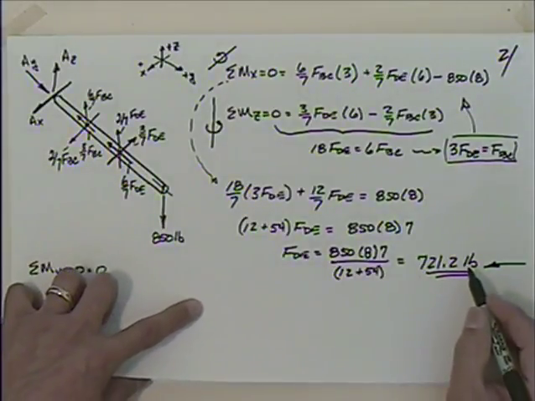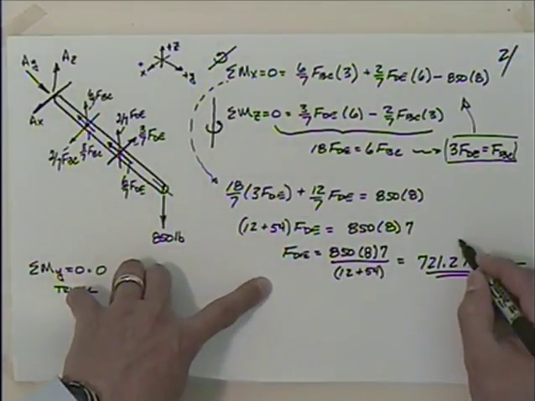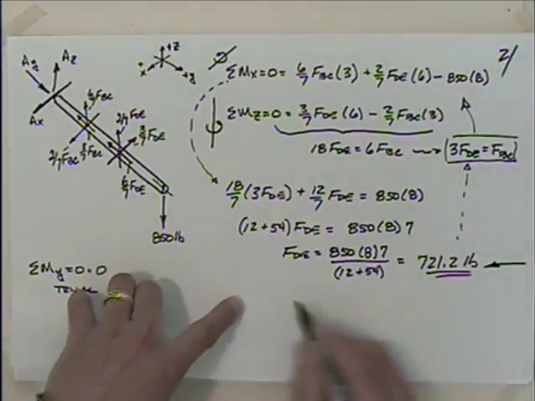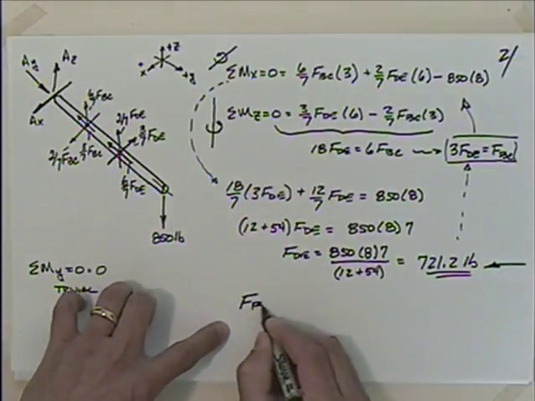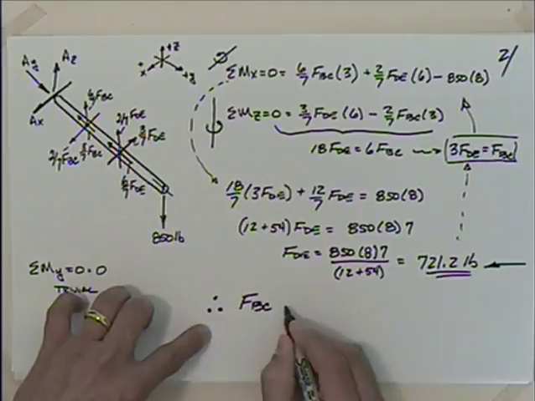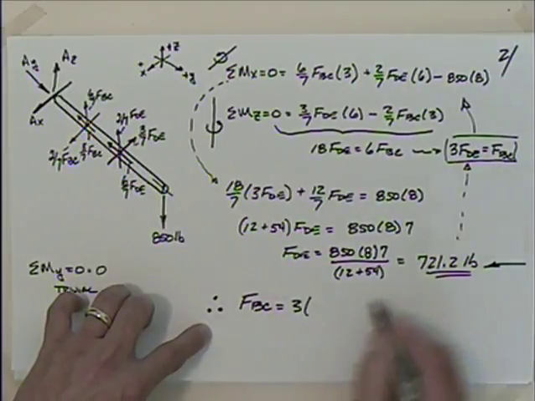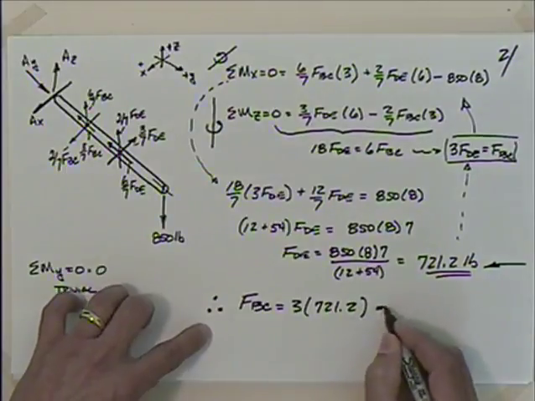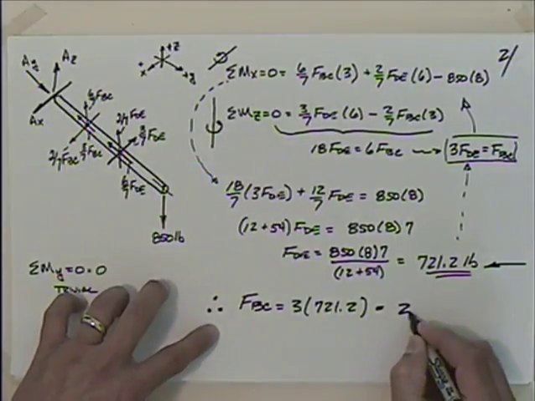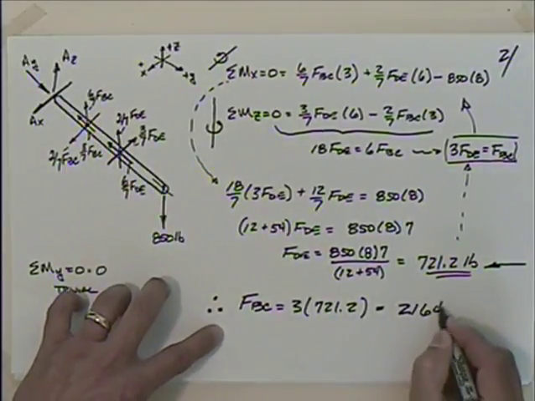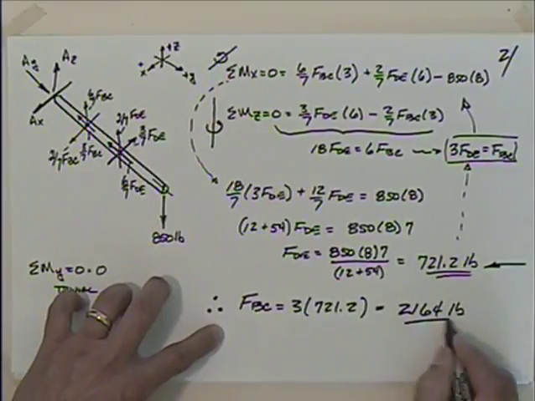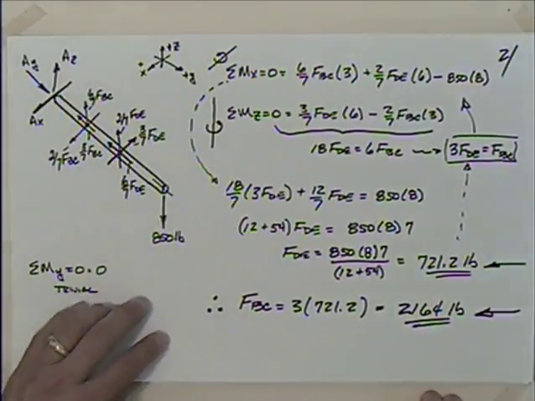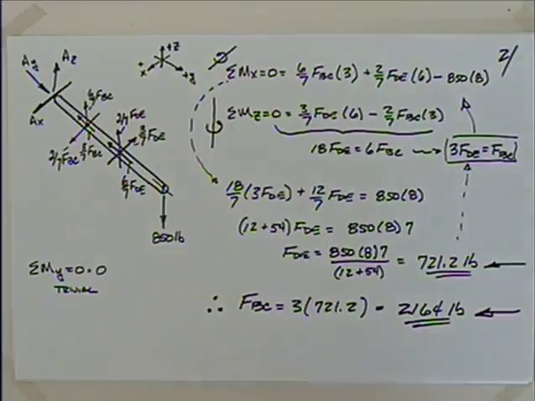So speaking of substituting it back in, what am I going to do with that? Well, that's going to go right back into there. So I have that FBC is equal to 3 times DE, which is 721.2, which gives me 2,164 pounds. Okay, 2,164, is that right?